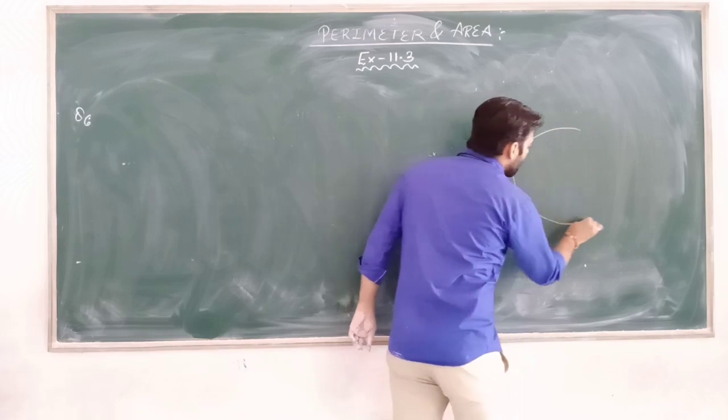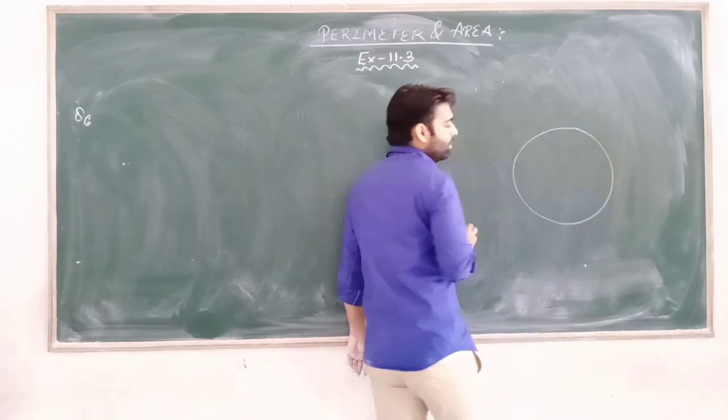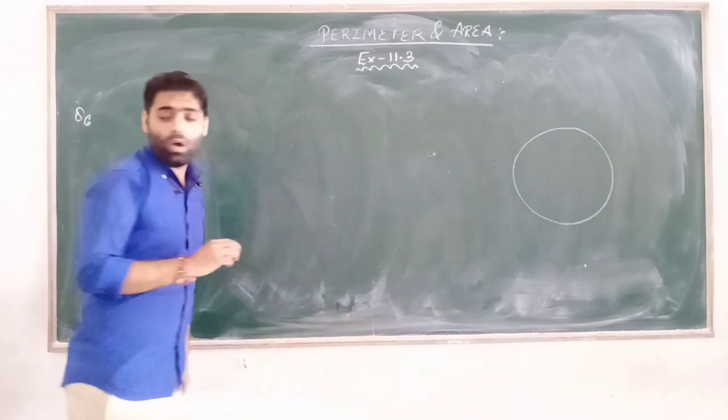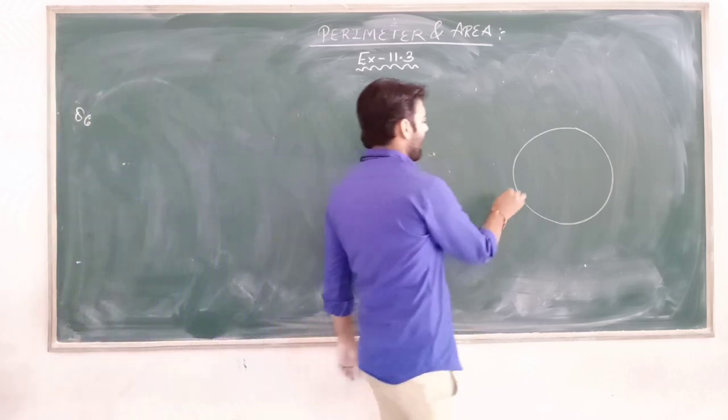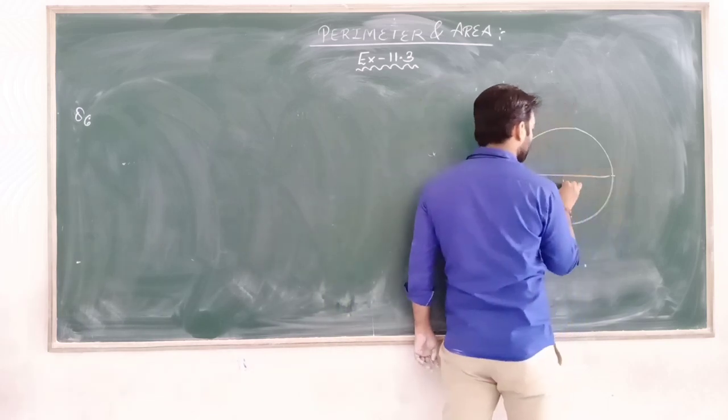Suppose a circular table has been given, of diameter 1.5 meters.